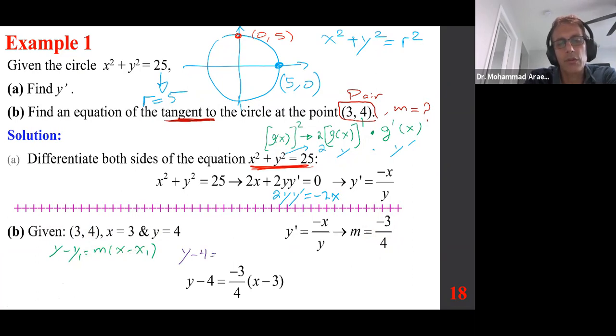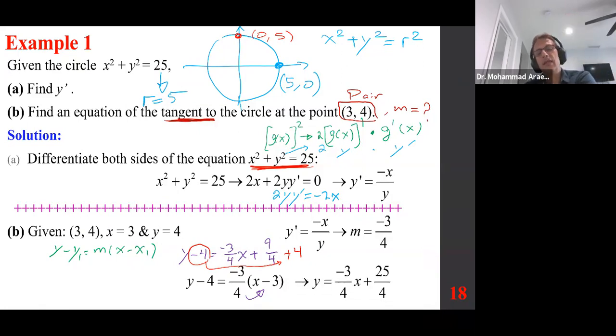Now we are going to distribute negative 3/4 x plus 9/4. And what do we do now? We add 4. 4 is 16 over 4. And 9 becomes 25 over 4. And this is the final answer.